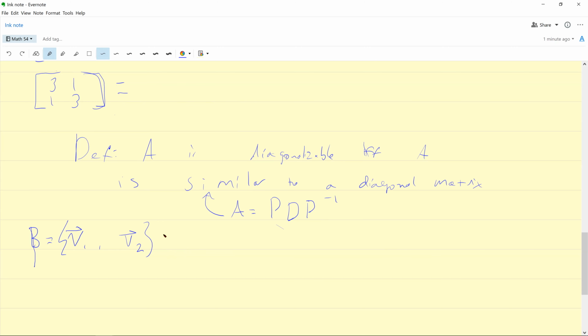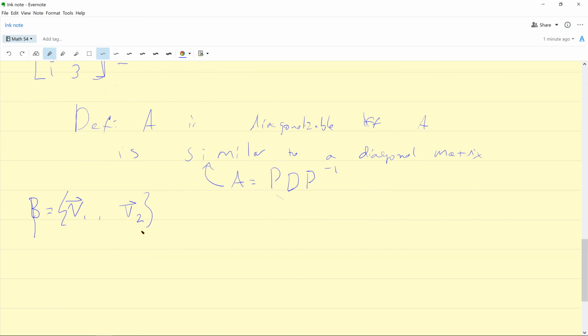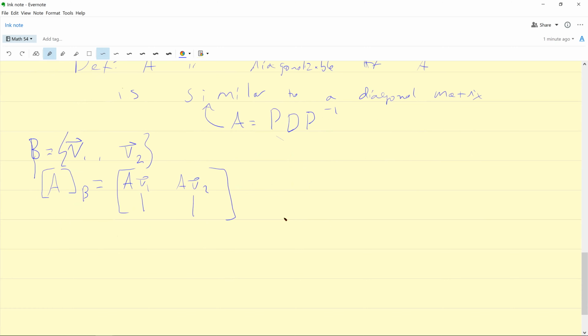If we want to represent this transformation A with respect to our basis B, we're trying to find the images AV1 and AV2 as linear combinations of V1 and V2, right? Does that make sense so far?